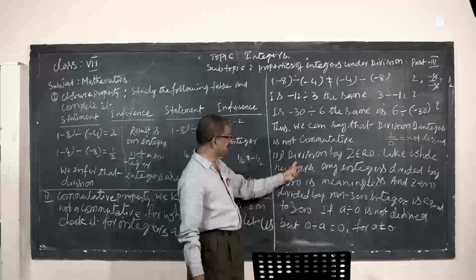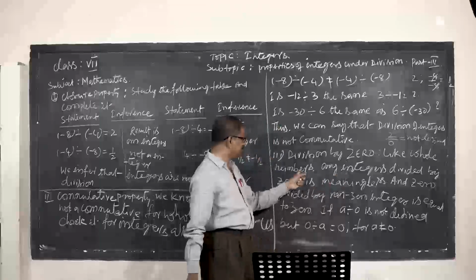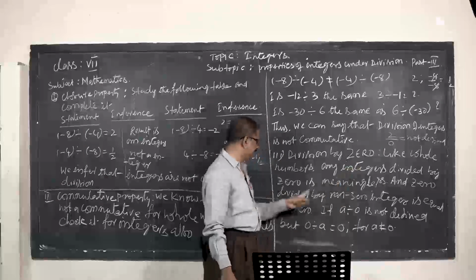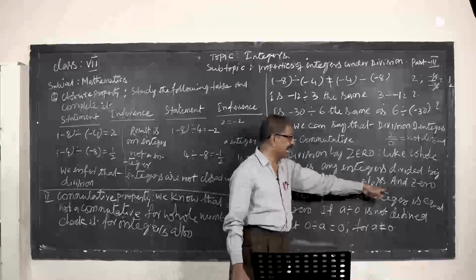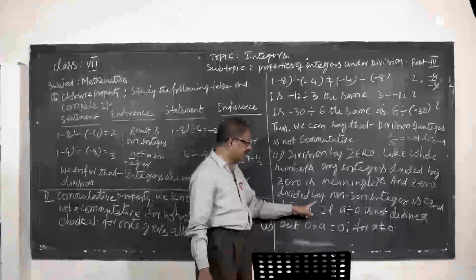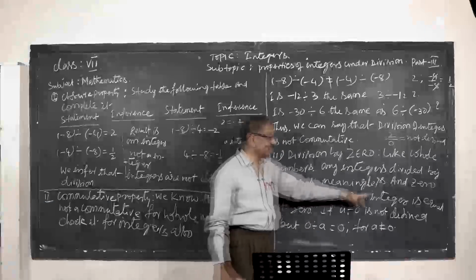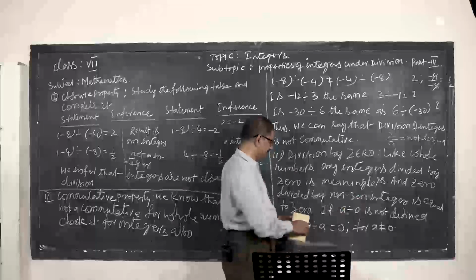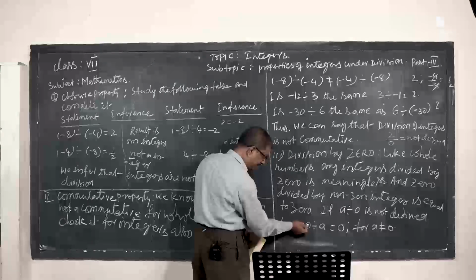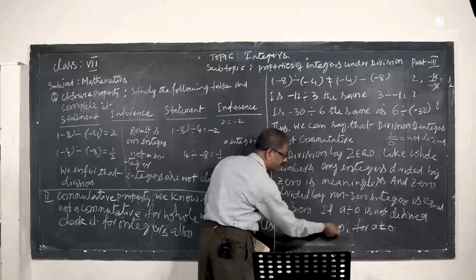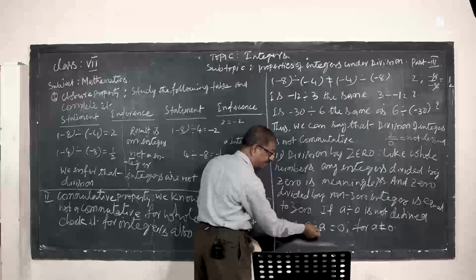Like whole numbers, any integer divided by 0 is meaningless, and 0 divided by a non-zero integer is defined. That is, 0 divided by a must be equal to 0, but a should not be equal to 0.